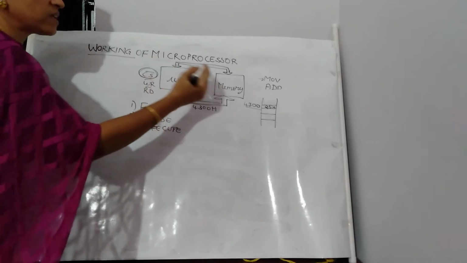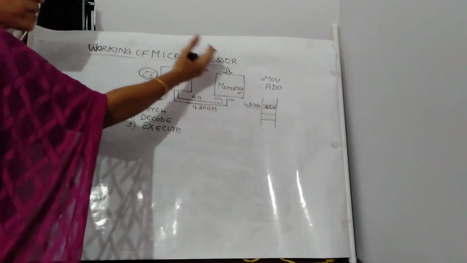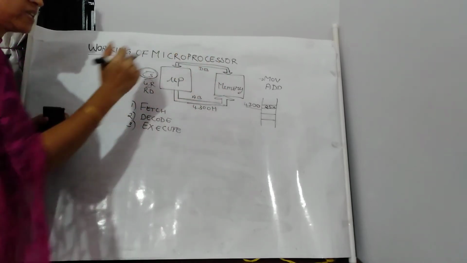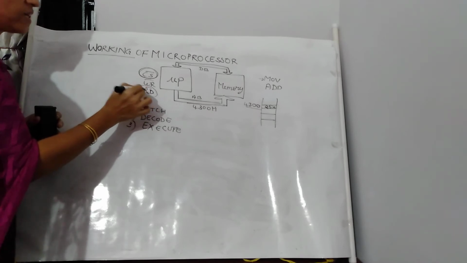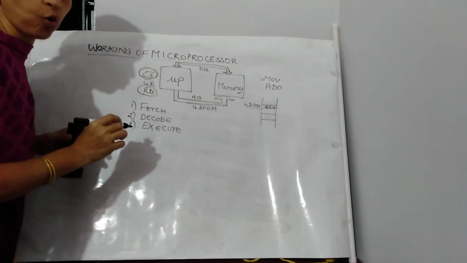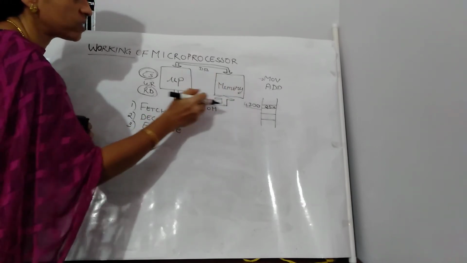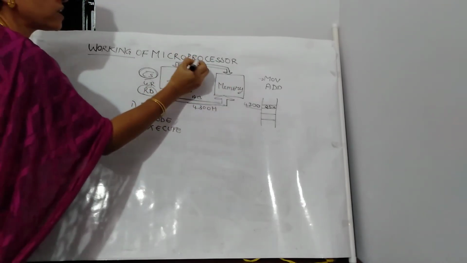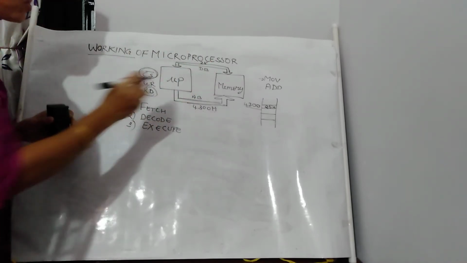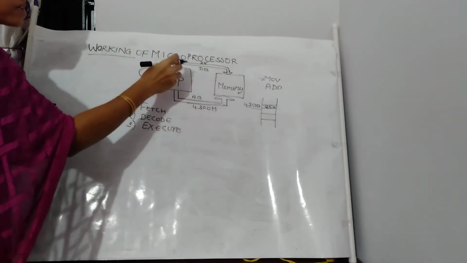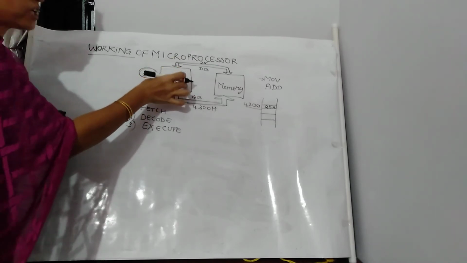Actually the data is read from the memory. So from memory it is going to microprocessor, so it is read operation. So we need RD bar, that is read signal has to be low. So now here 4300 will be sent on the address bus, and 25H will come on the data bus. Then that will be brought into the instruction register of microprocessor, where it will be decoded.